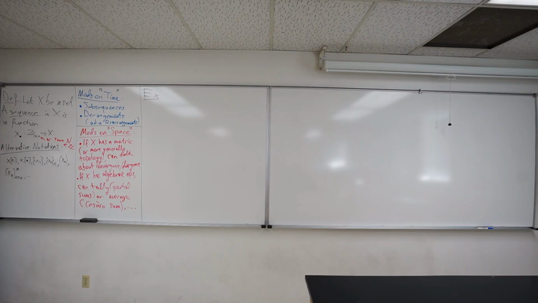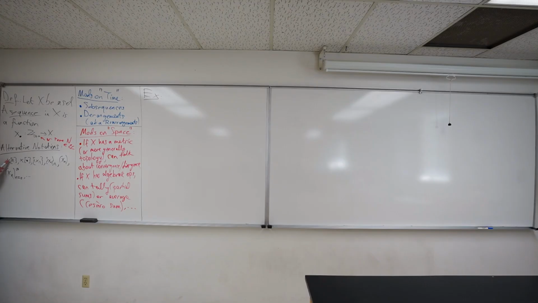There's a couple of different notations for sequences, depending on the area that you're looking into or the textbook. I think in the textbook, this is the notation they use: X sub n with curly braces, with a subscript n to denote this is not just one point in X, it's a bunch of points somehow.